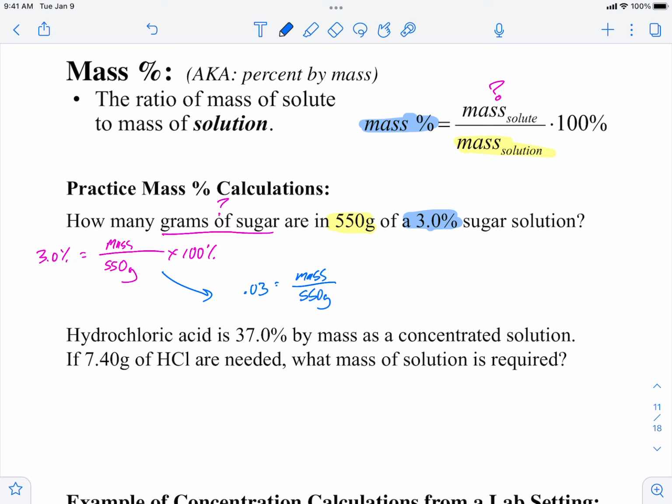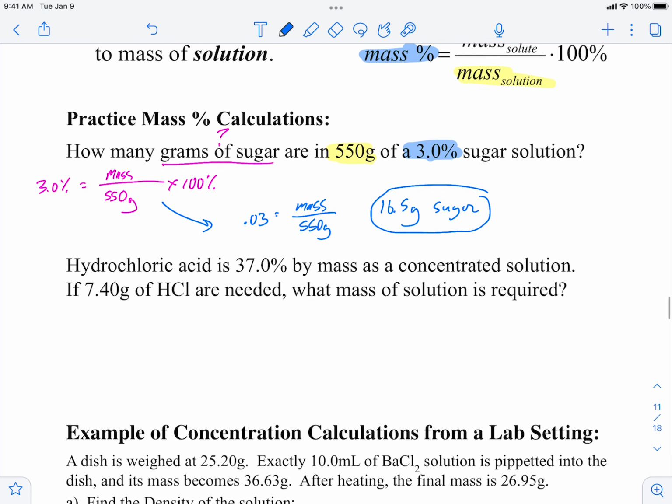So 0.03 times 550. So 16.5 grams of sugar. So does that make sense how we set this up? Let's try the next one.